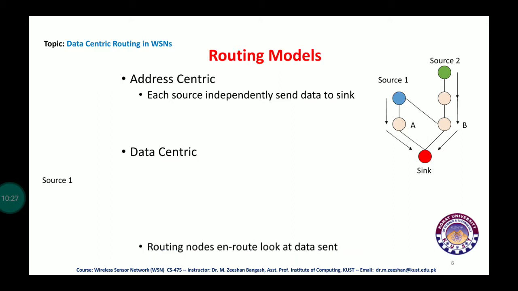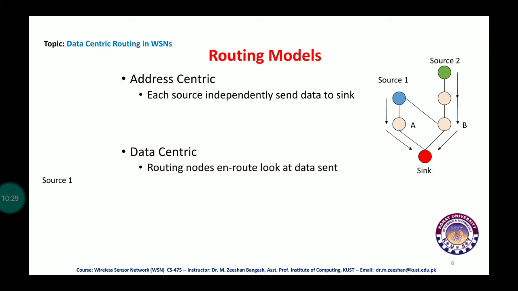sink. However, in the case of data-centric routing models, the nodes en route look at and process the data that is to be sent to the destination. Just look at the figure: when node 1 wants to send data, it forwards the data to a routing node, which is B, and then B forwards this data to the sink.